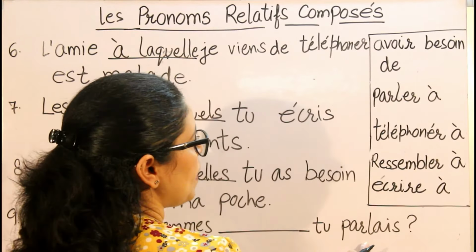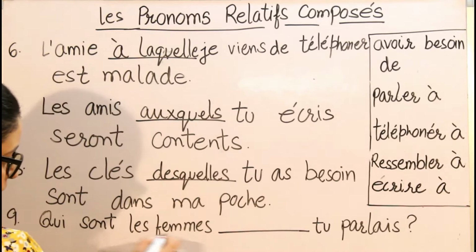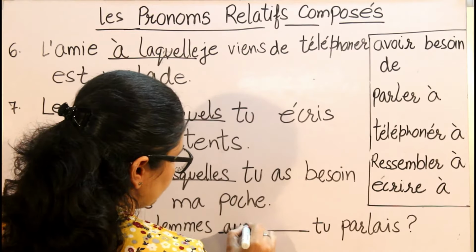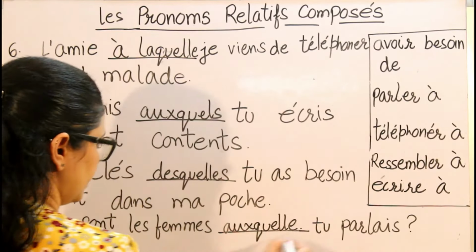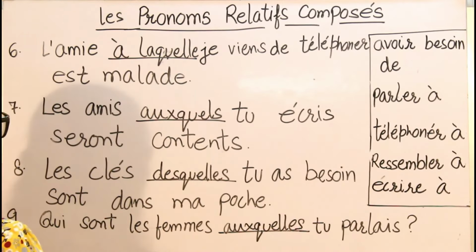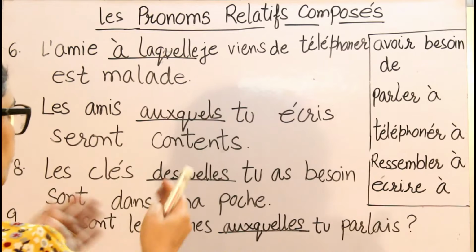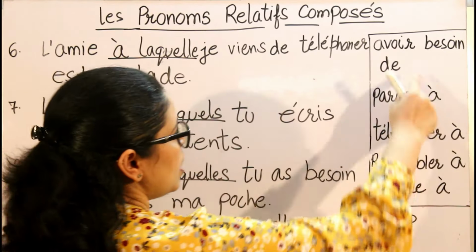So again, parler à quelqu'un. Because the feminine case is given in its plural form, I will write auxquelles. If you translate it word for word, it might give you the sense of to which. It is better to learn it the way I have mentioned here.